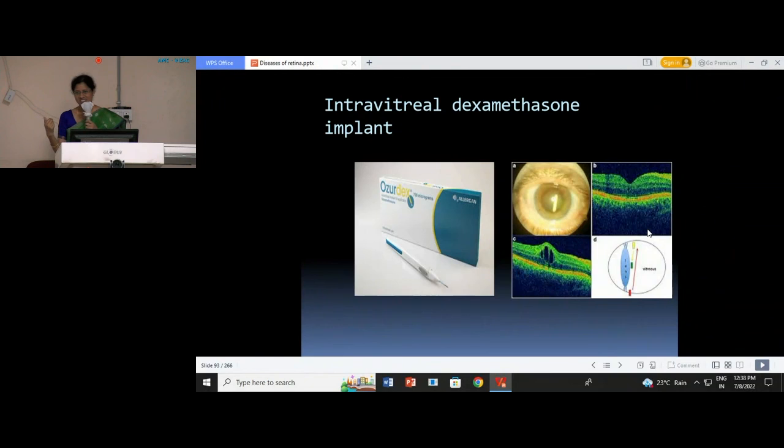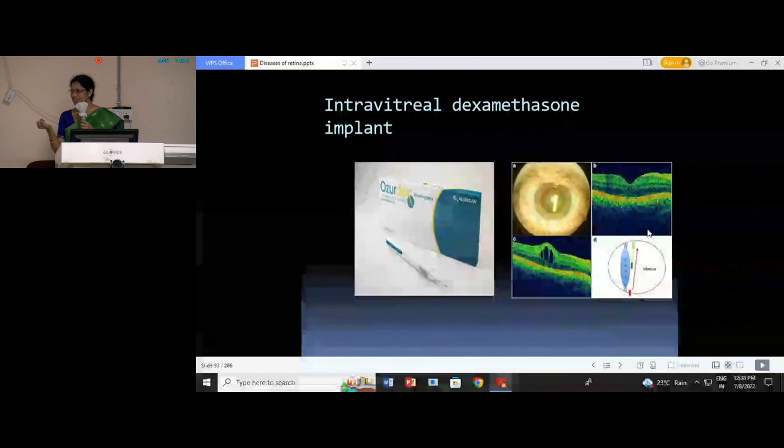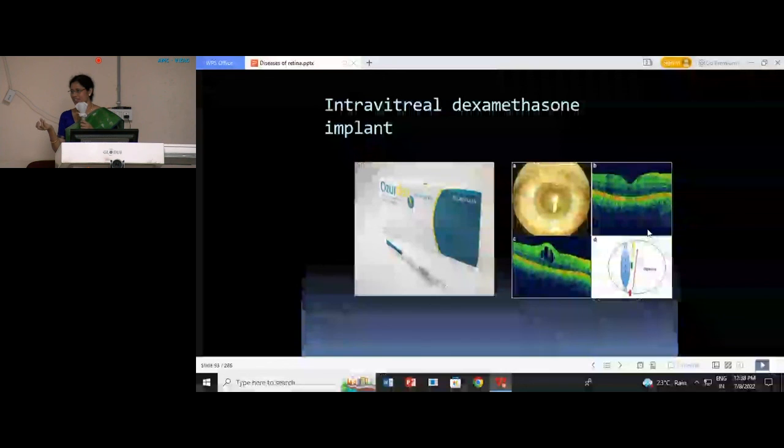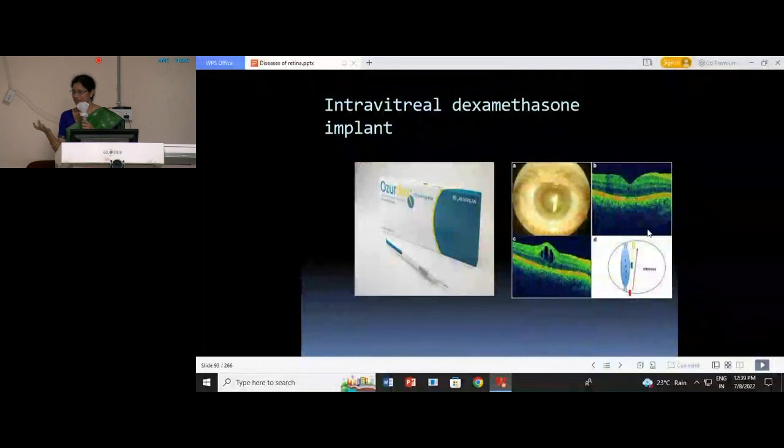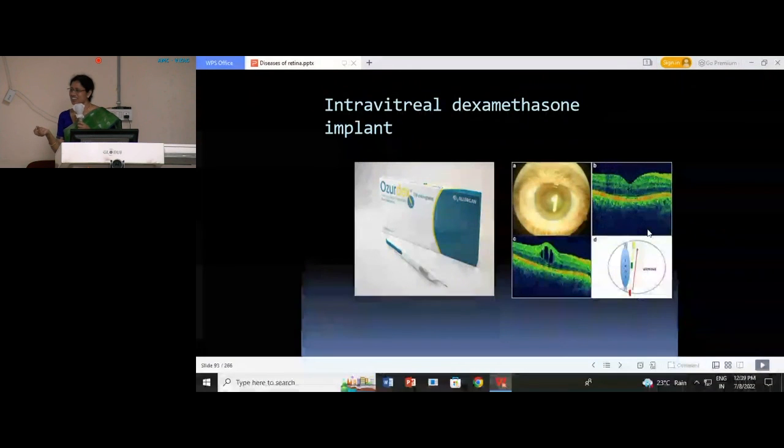Diabetic macular edema, again, what are the types? Depending on FFA, focal, diffuse, ischemic maculopathy, and mixed maculopathy.